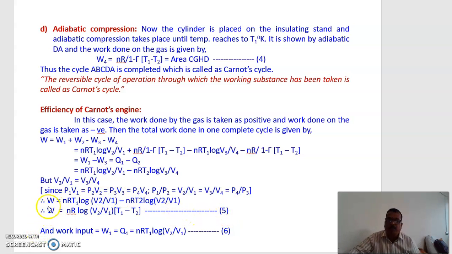This is suppose work output, that is total work done, work output, which is given by nR log of P2 by P1, T1 minus T2, which is suppose equation 3.